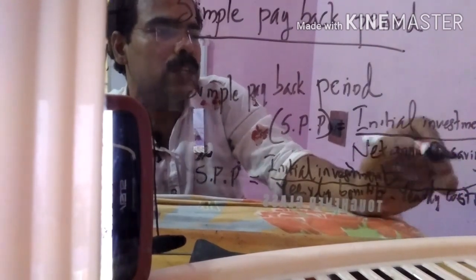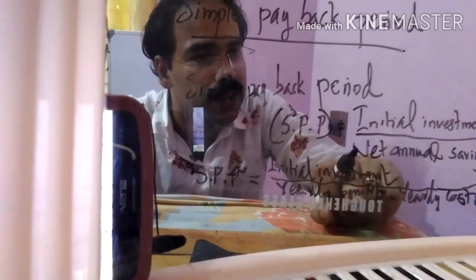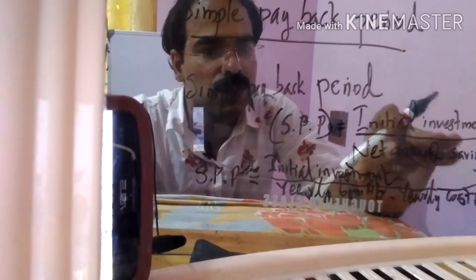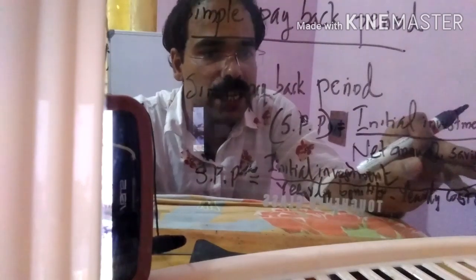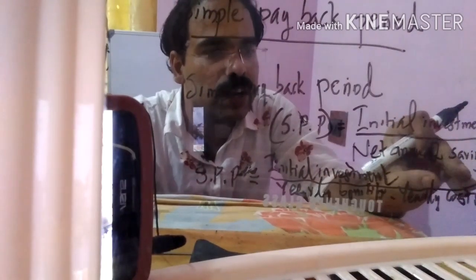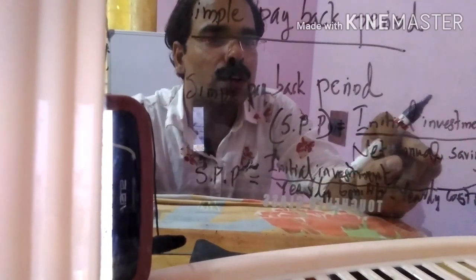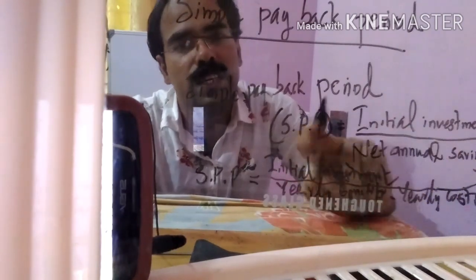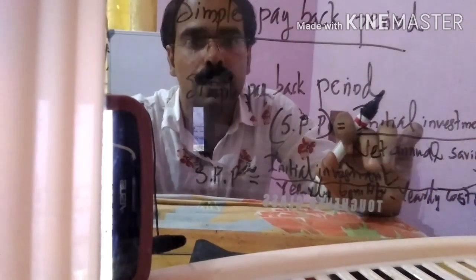Net annual saving means yearly benefits minus yearly costs for a particular year. For one particular year, there will be yearly benefits. If we reduce our yearly cost from those yearly benefits, that is net annual saving. So we divide the initial investment by the net annual saving, and then we get that time period, that means the year in which we will get the initial investment back.